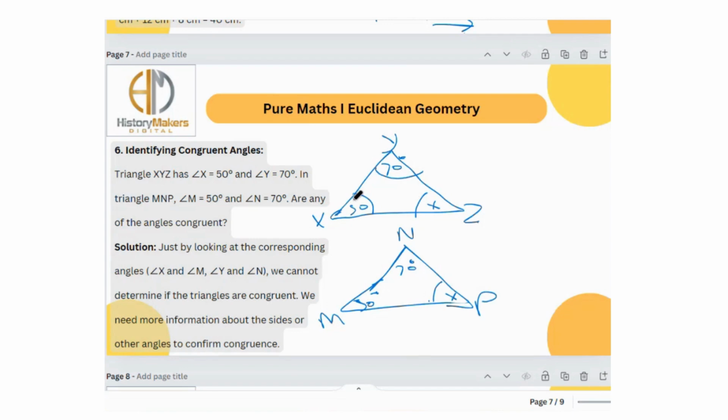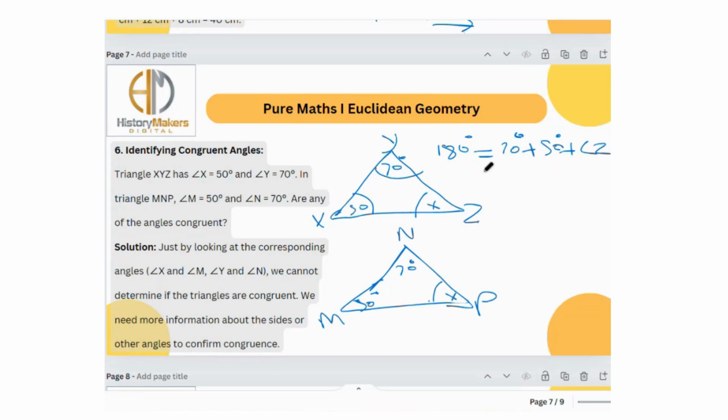Now, knowing that the total of the angles in a triangle is equal to 180, we can continue to say, therefore, 180 degrees is equal to 70 plus 50 plus angle Z in this instance.